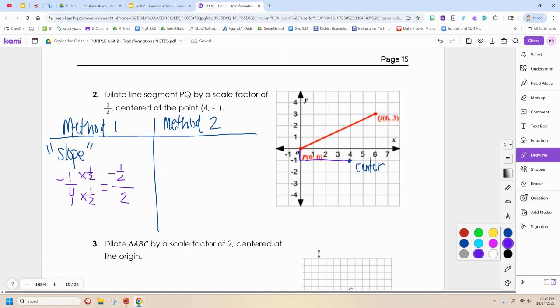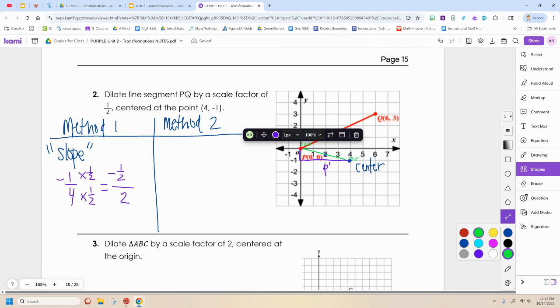I know that looks weird because it's a complex fraction, but if I go back here and go down half and over 2, I'm right on the middle of that number 2. Can you guys tell that that's going to be P prime? In fact, I can take a straight edge and line it up so the 3 points are all in the same line, right?